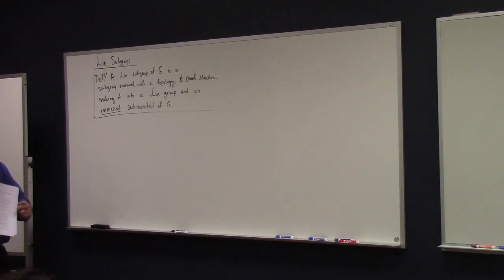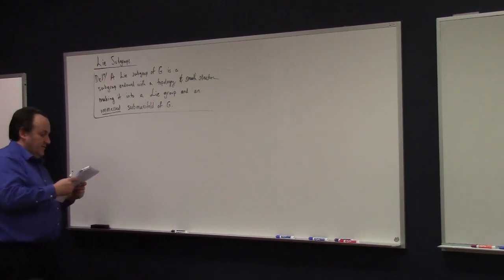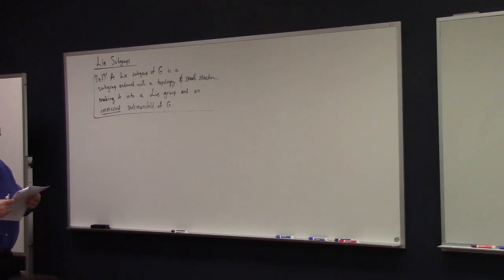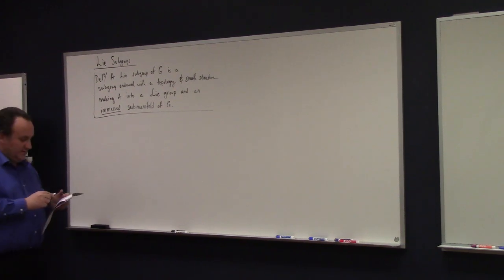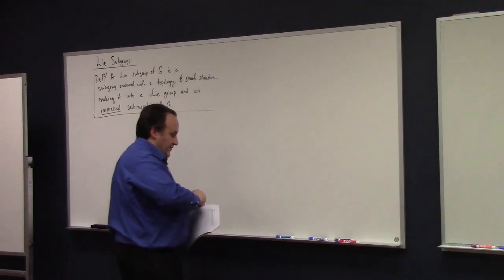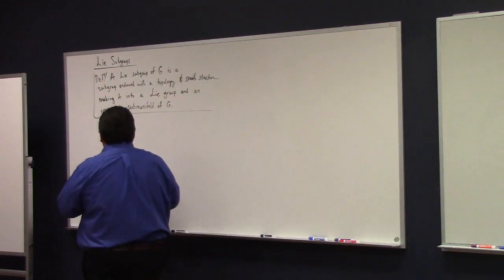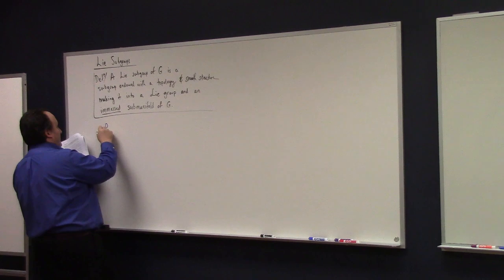proposition 7.11 says: let G be a Lie group, H a subgroup that's also an embedded submanifold, then H is a Lie subgroup. So let me try to summarize that.